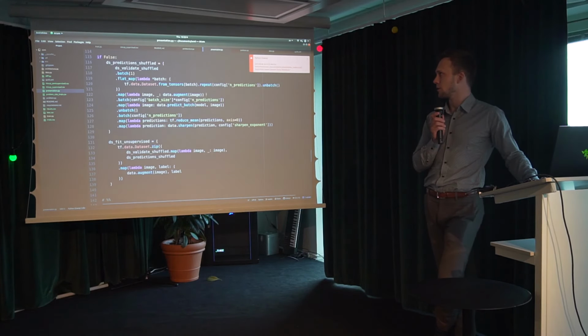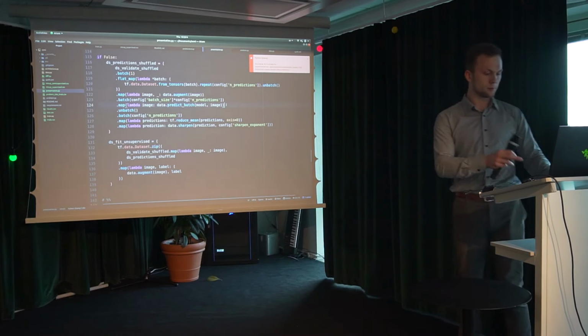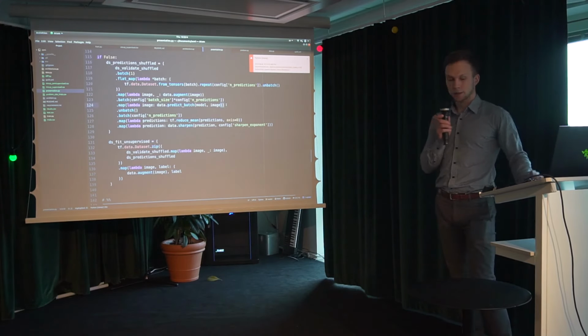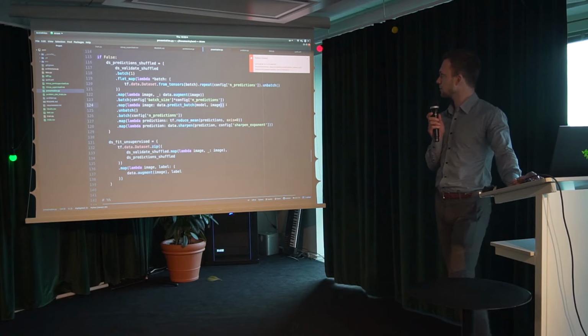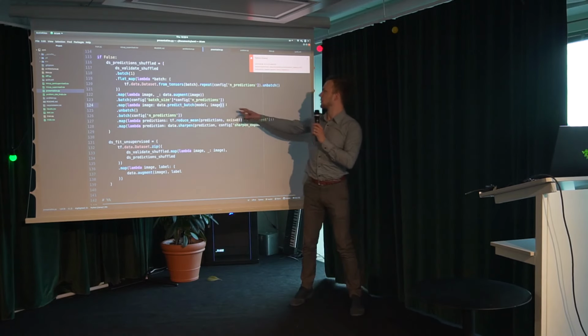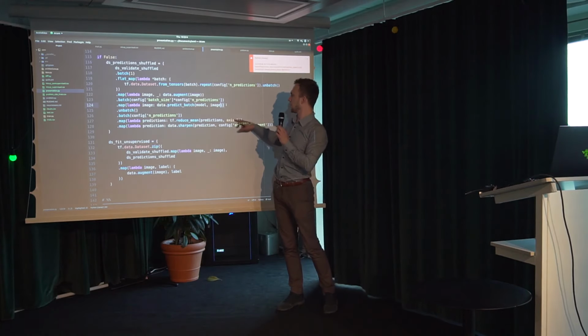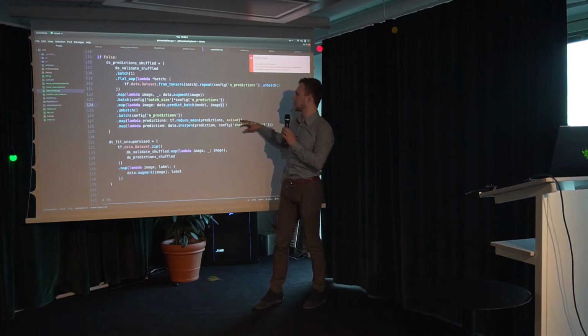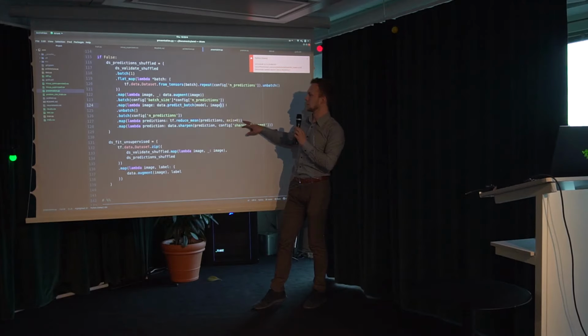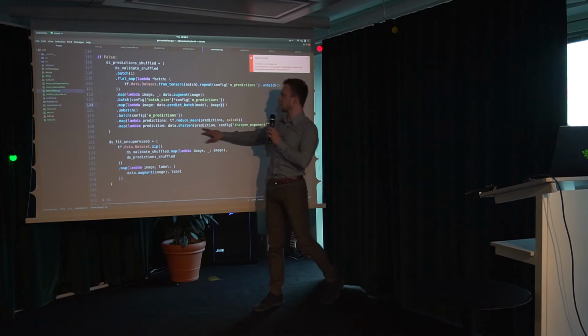We're augmenting each of these images, and then we're predicting for each image what we're guessing the label is. Here we take the reduced means, the average over the axis, and then finally we sharpen the predictions.